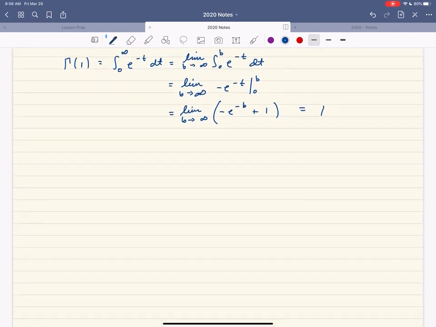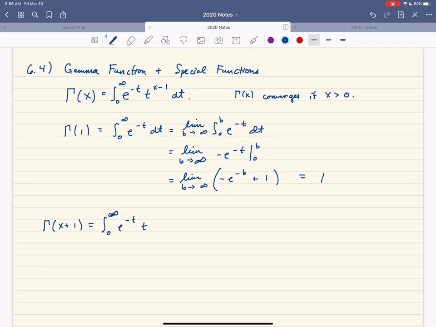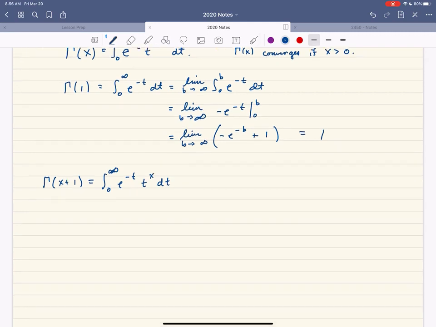And then I actually want to show you a recurrence here, gamma of x plus 1. Gamma of x plus 1 is going to be the integral from 0 to infinity of e to the negative t, t to the, well, if we replace the x with x plus 1, this becomes t to the x dt. That's the integral we're going to have to deal with.